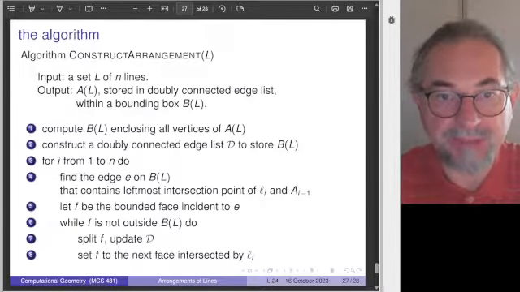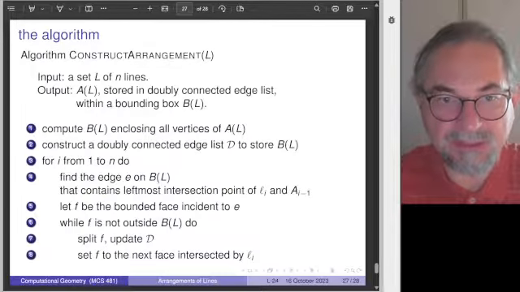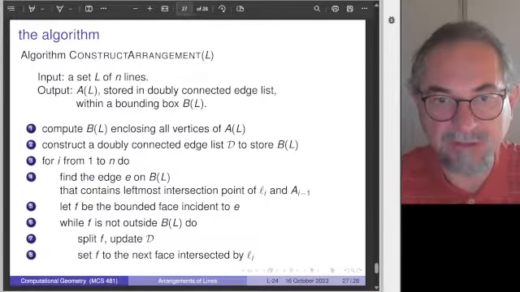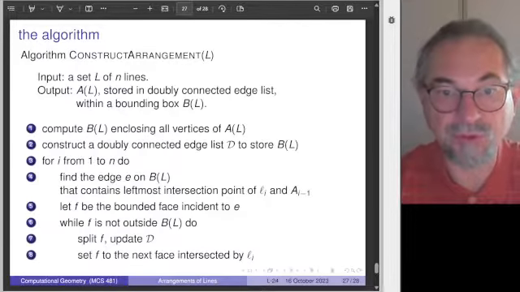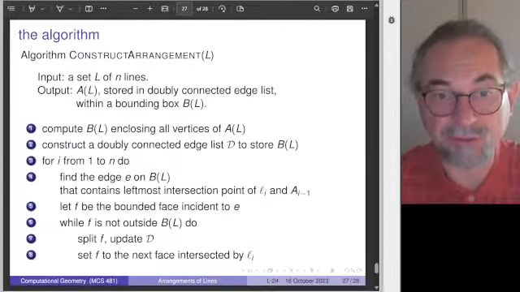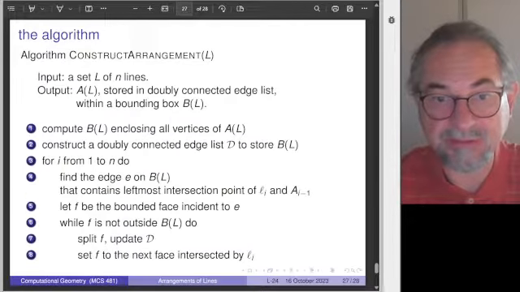So we have the pre-processing step where we are computing all the vertices. So this is step 1, all the vertices with the bounding box as well. We will update the doubly connected edge list. So there is the loop, the first loop, and then there is another loop that is inside of there.